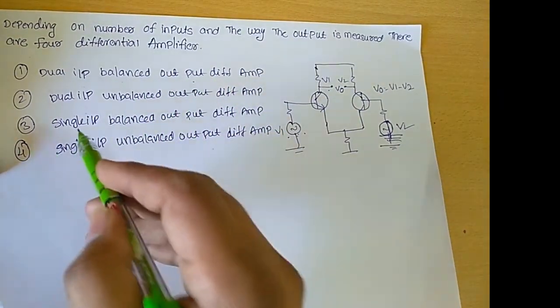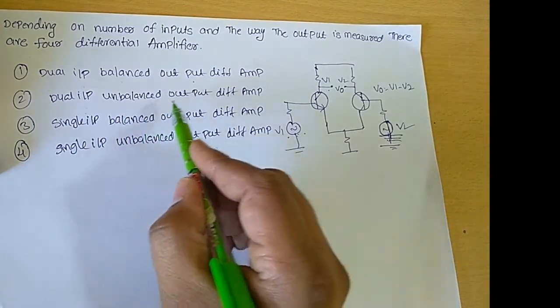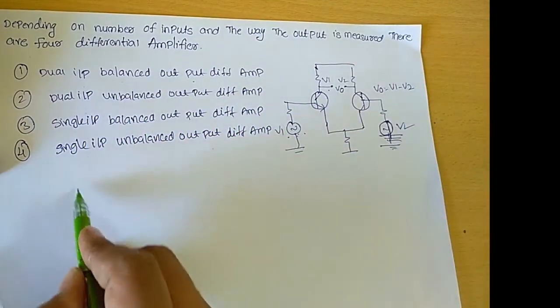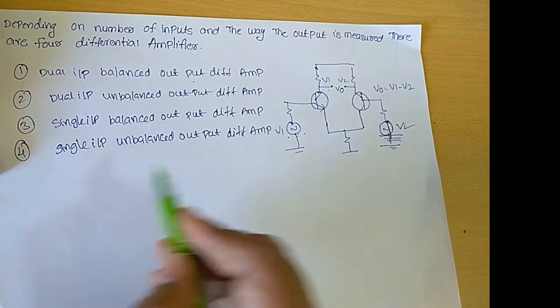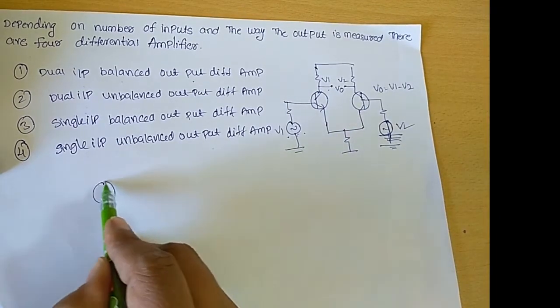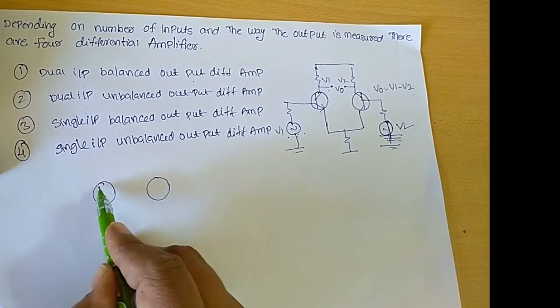Next we draw the dual input unbalanced output differential amplifier. So how to draw it? Again we consider the differential amplifier circuit.